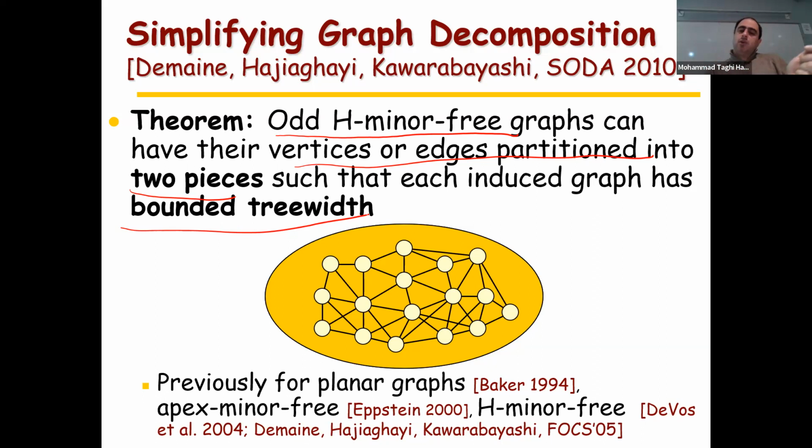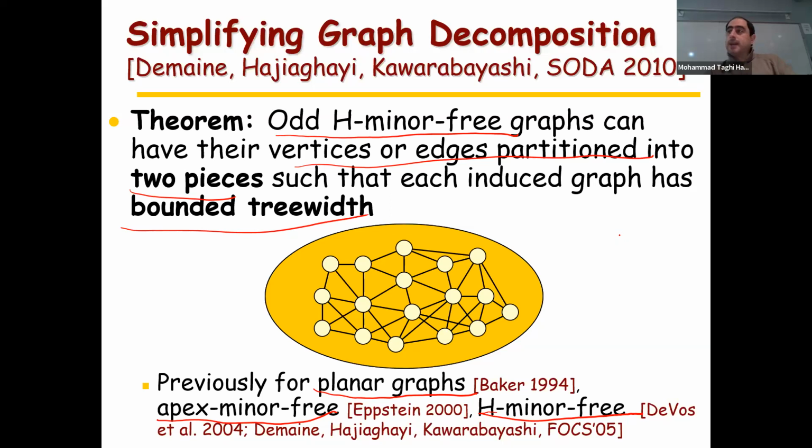As I mentioned, this was known before for planar graphs, then it was for apex minor free graphs, and then for H minor free graphs. This was the work that we had, and there was other work in parallel. And this one is more general, which is for odd H minor free graphs. By the way, apex minor free graph, you will hear. What is the apex graph?